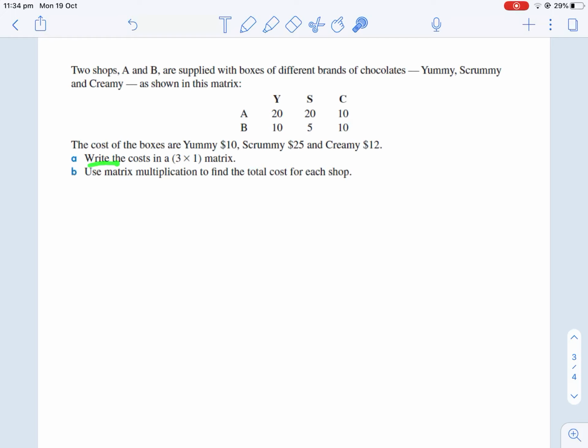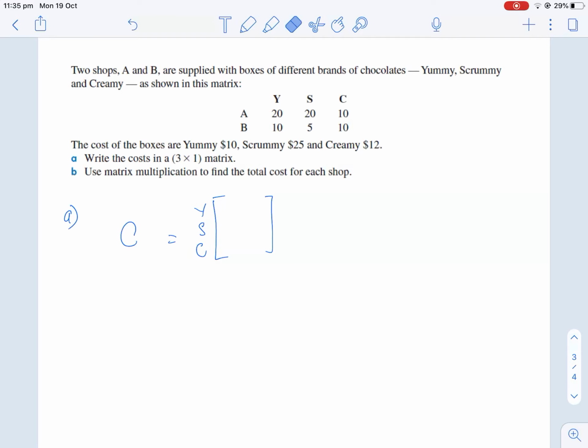The first question is: write the cost in a 3 times 1 matrix. All right. So you have 3 things, and I want you to write the cost as 3 times 1. It means 3 rows and only 1 column. All right. So question A, the cost, we make it C, a 3 times 1 matrix. So this one is going to be Yummy, Scrummy, and Creamy.